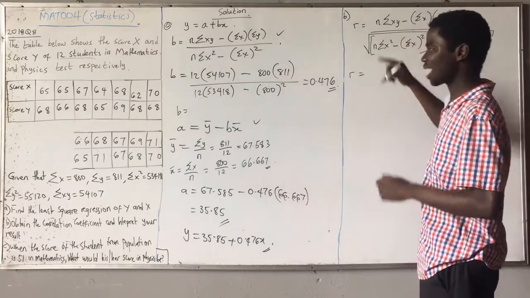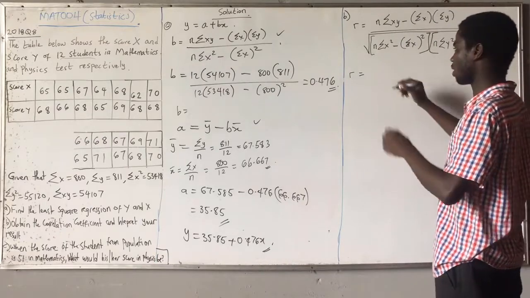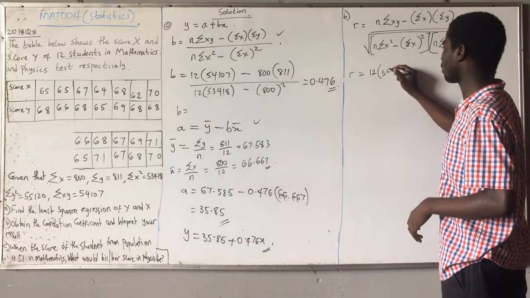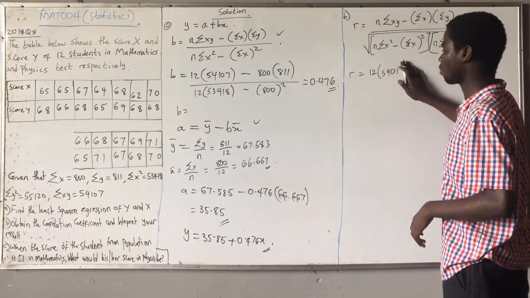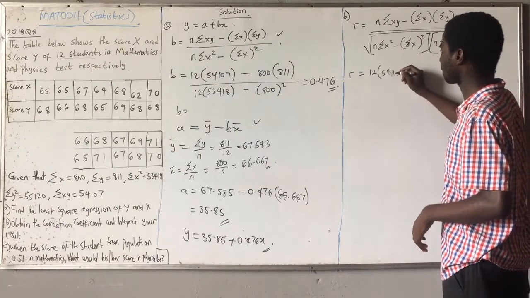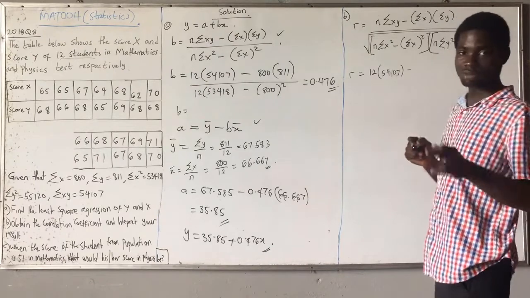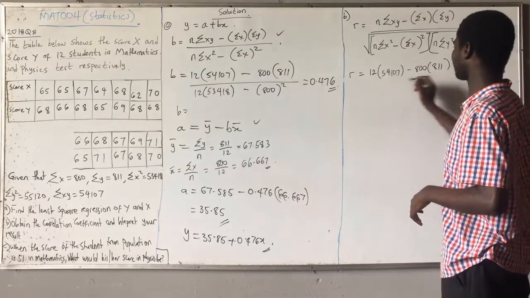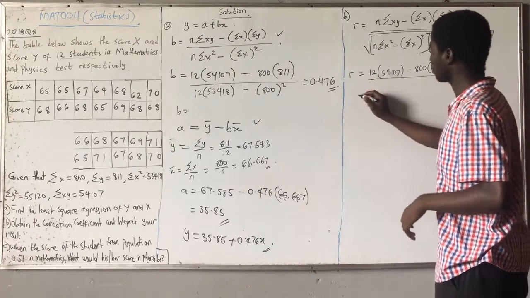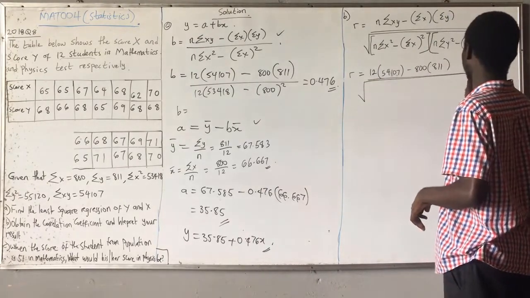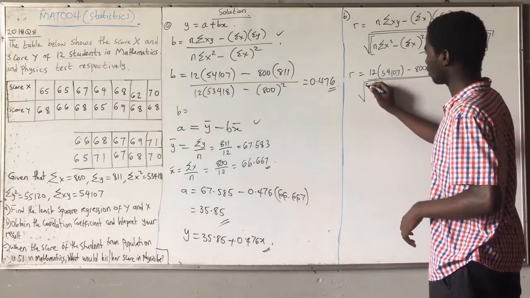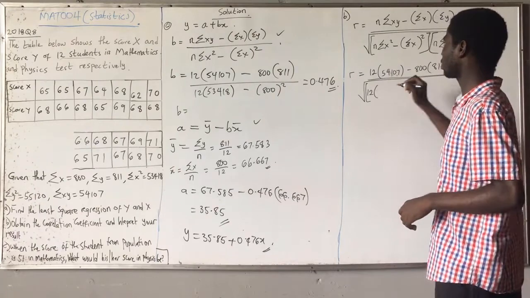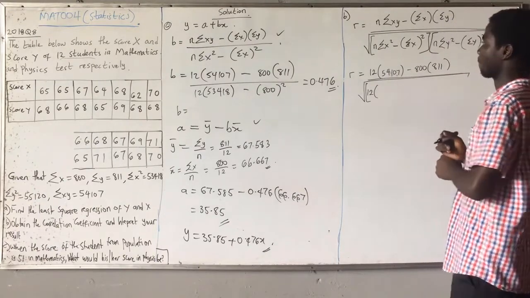So R is equal to, what is n? n is 12. Summation of xy, that is 54107, minus summation of x, summation of y, minus 800 times 811, all over square root of, what is n? n is 12. Summation of x squared.